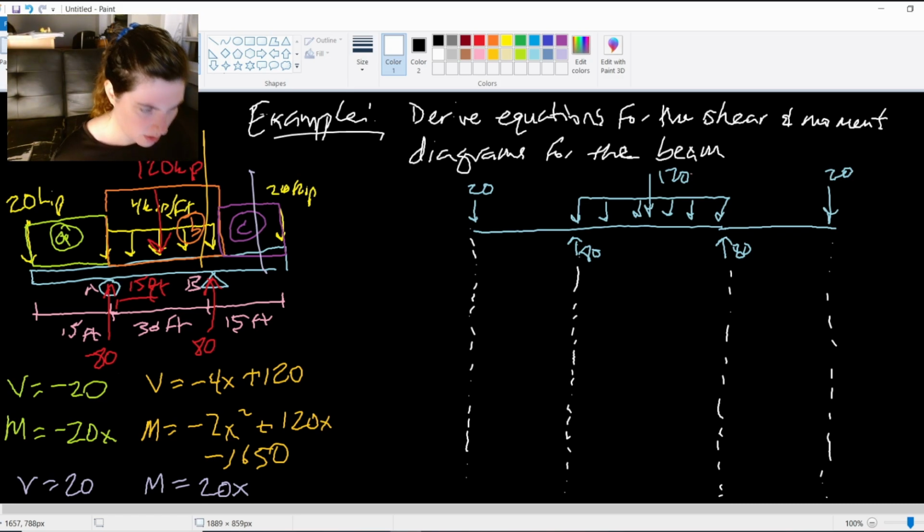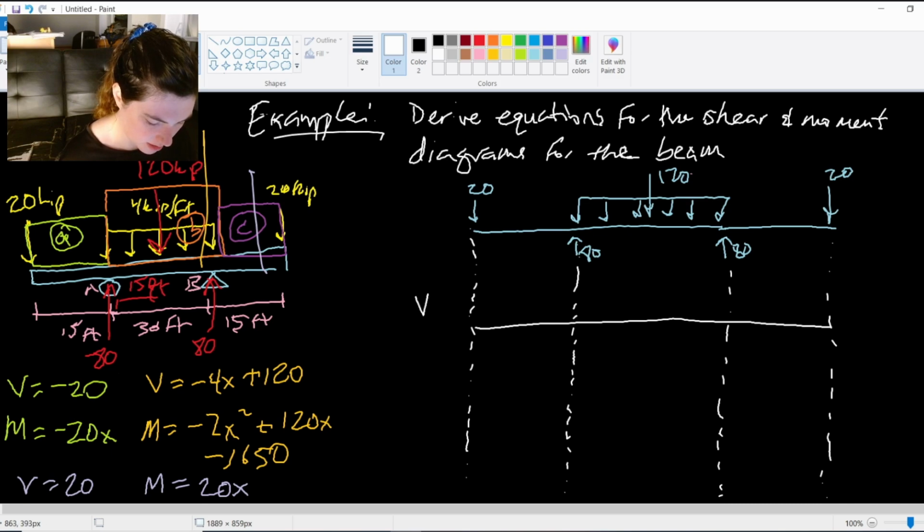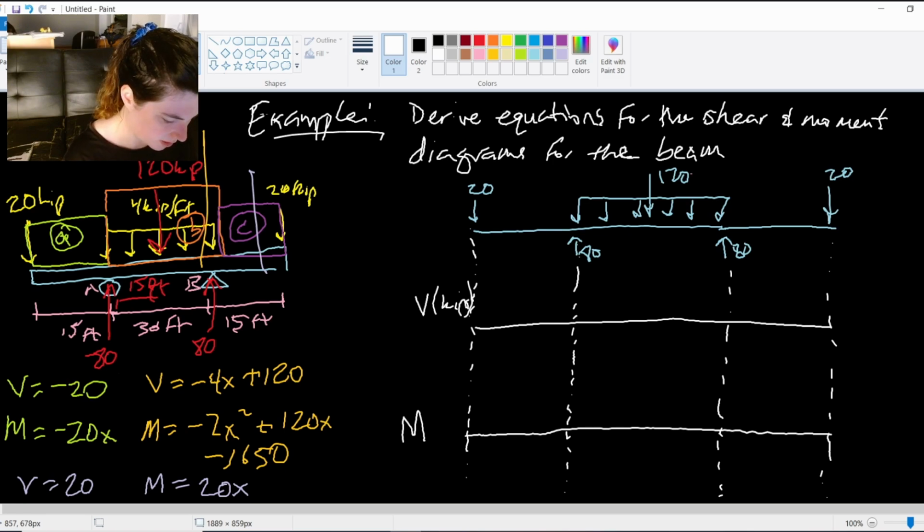So here, I will put my shear. This is going to be V, and it has units of kips. And then I'll put my moment down here. Works a little bit better on a piece of paper where you have a better vertical distance.